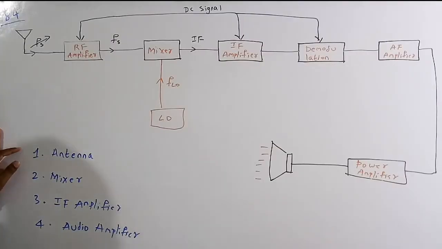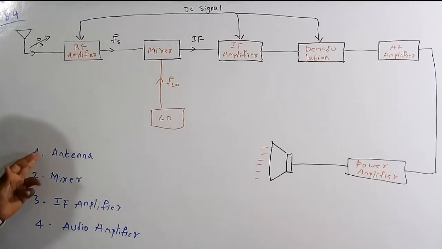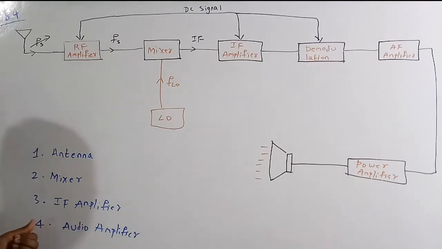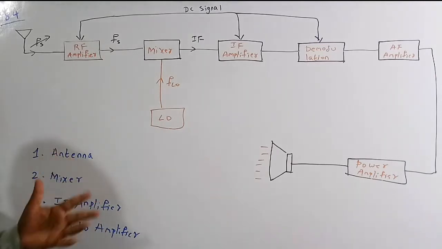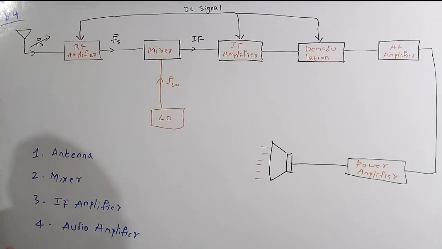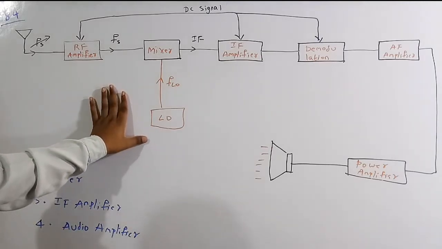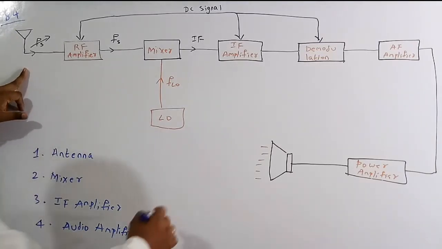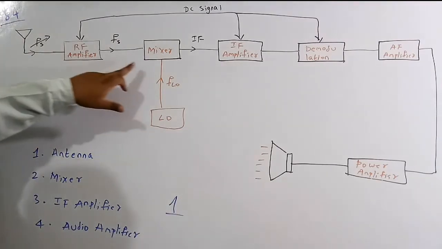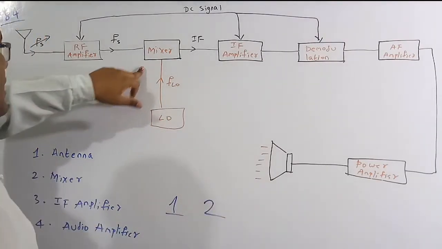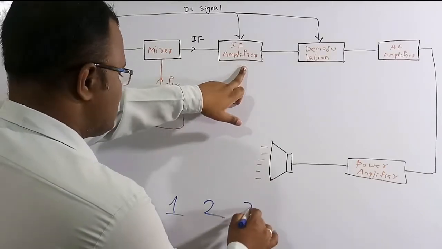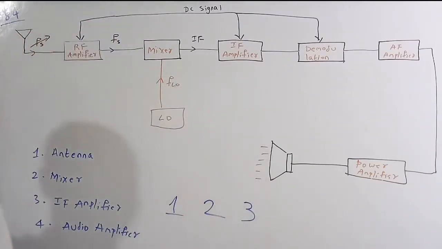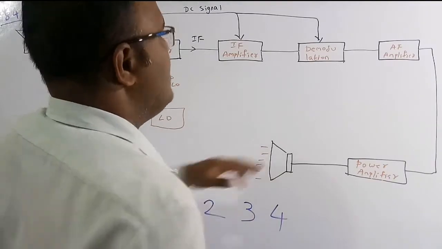In this 84th question, the first one is the antenna, the second one is the mixer, the third is the intermediate frequency amplifier, and the fourth is the audio amplifier. So we need to arrange them sequentially as per the block diagram of the superheterodyne radio receiver, and this is that block diagram. If you see carefully, the first thing is the antenna, so this is the first one, and similarly the mixer is second, the third is the IF amplifier, also called the intermediate frequency amplifier, and the fourth one is called the audio amplifier.